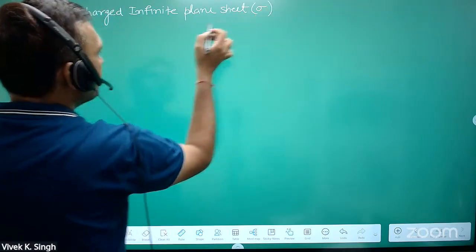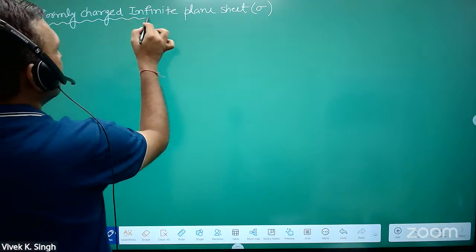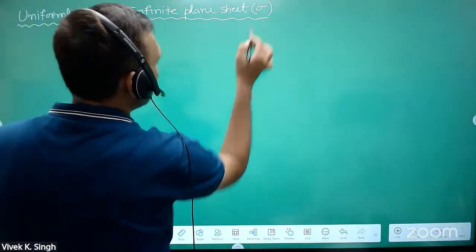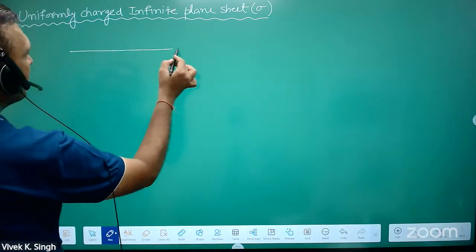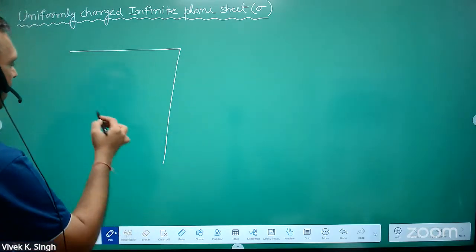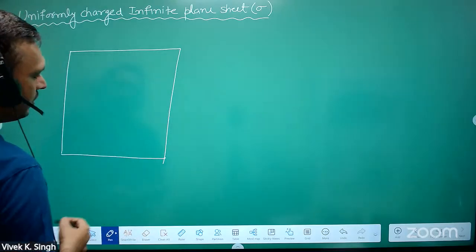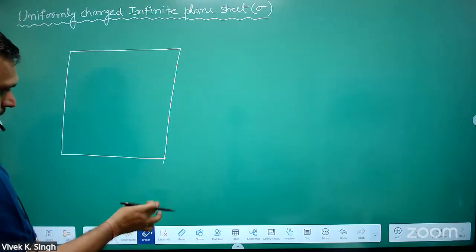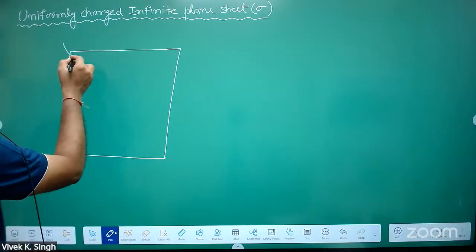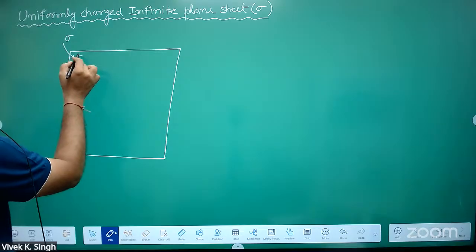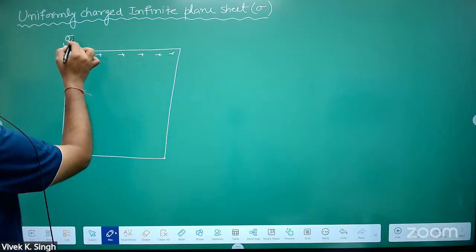Sigma is charge per unit area. ठीक है? So consider an infinitely long thin sheet. This contains sigma and these charges are positive. It's positively charged. Sigma is positive.